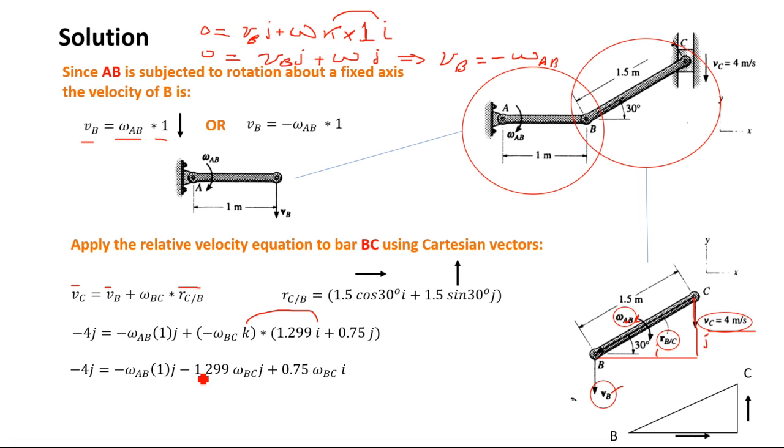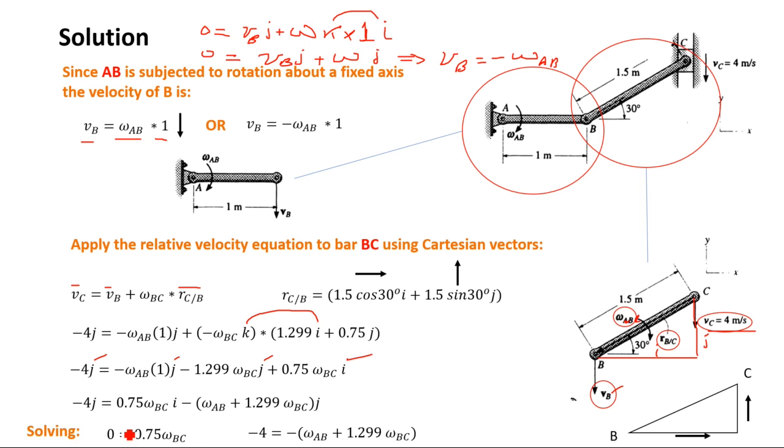So the equation can now be written this way. Now we consider the i's with the i's and the j's with the j's. We see we have three j terms while we only have one i term. To solve that, we rearrange the equations, with 0i on the other side. So 0.75 omega BC i is equal to 0i, and we can say that omega BC is equal to 0.